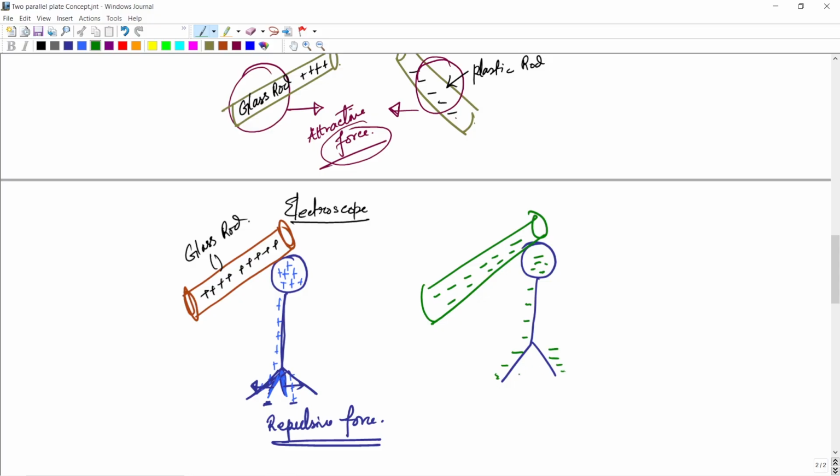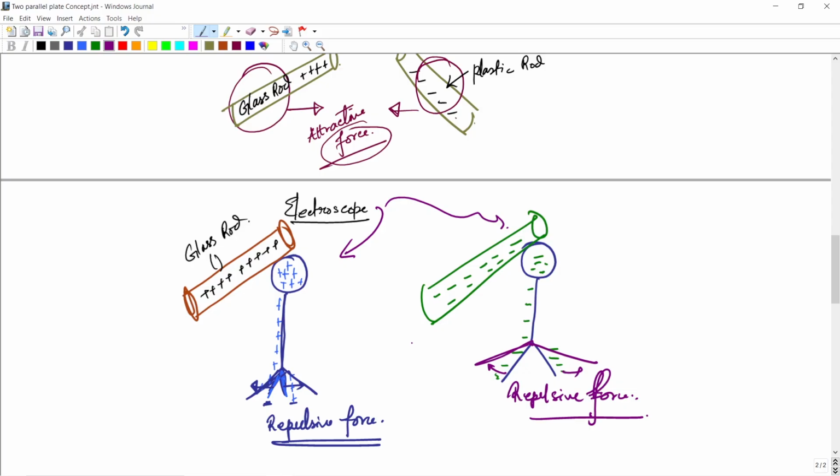The two legs have the same charge, so there is some repulsive force here, and the legs spread. So that is the instrument, and this instrument is called an electroscope.